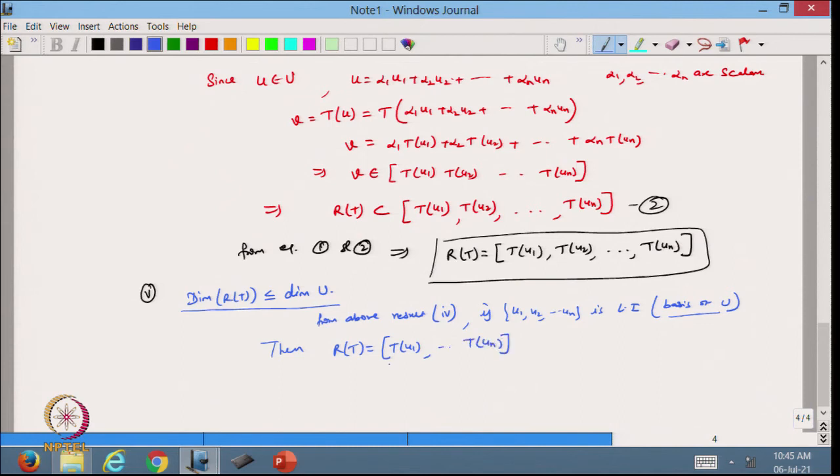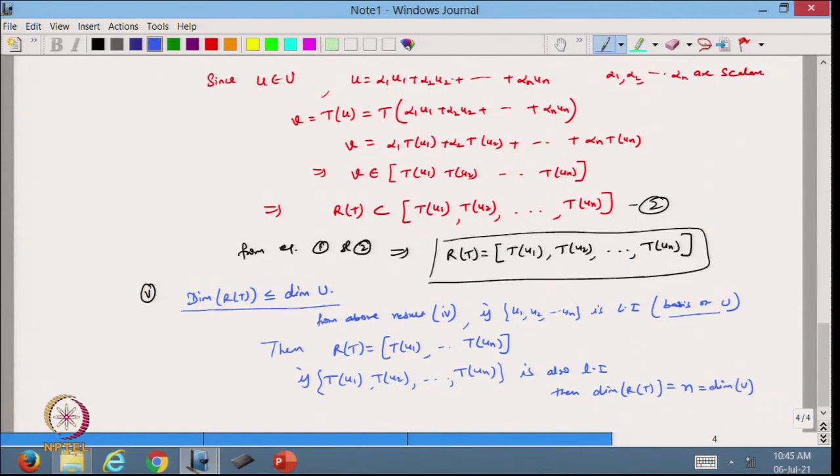Now, it may happen that if the set T(U1), T(U2), up to T(Un) is also linearly independent, then the dimension of R(T) is also equal to n, which is equal to the dimension of U, because it is a basis.